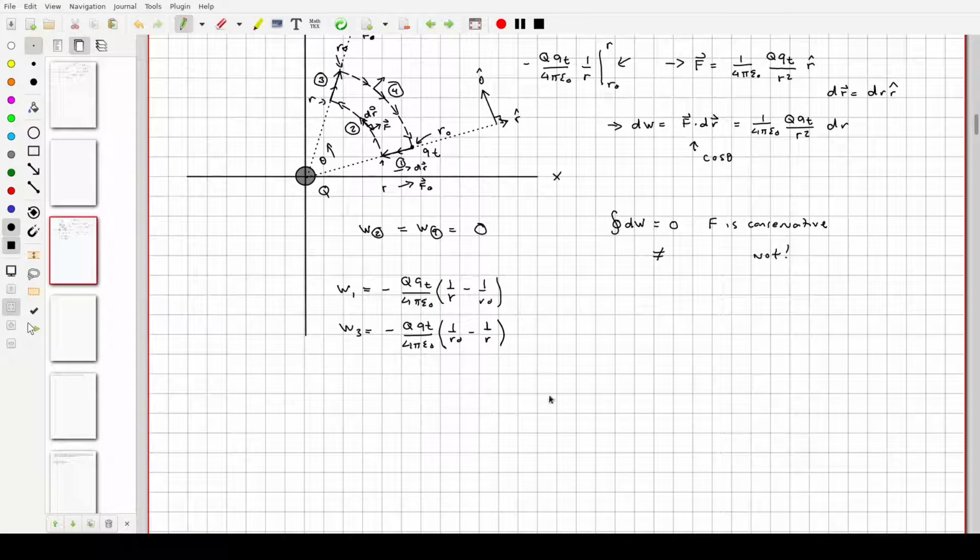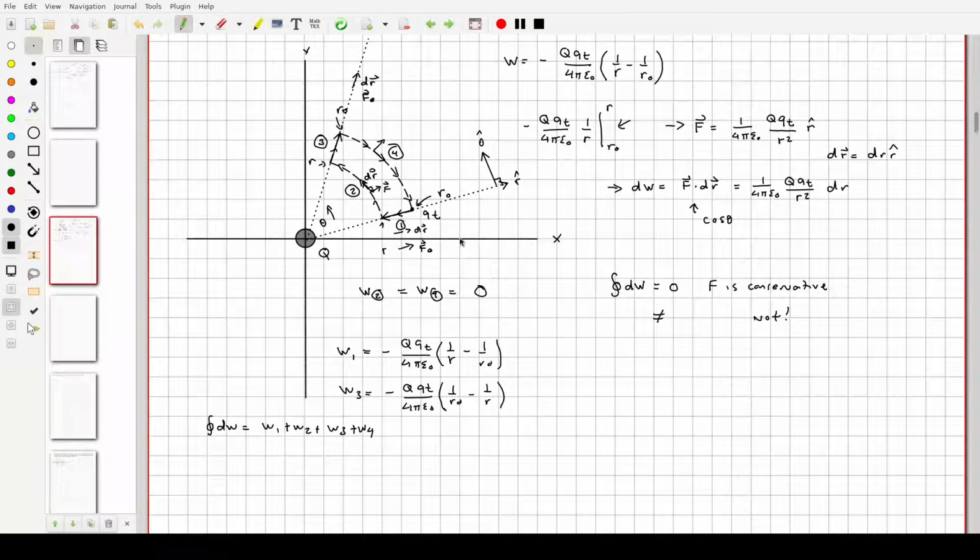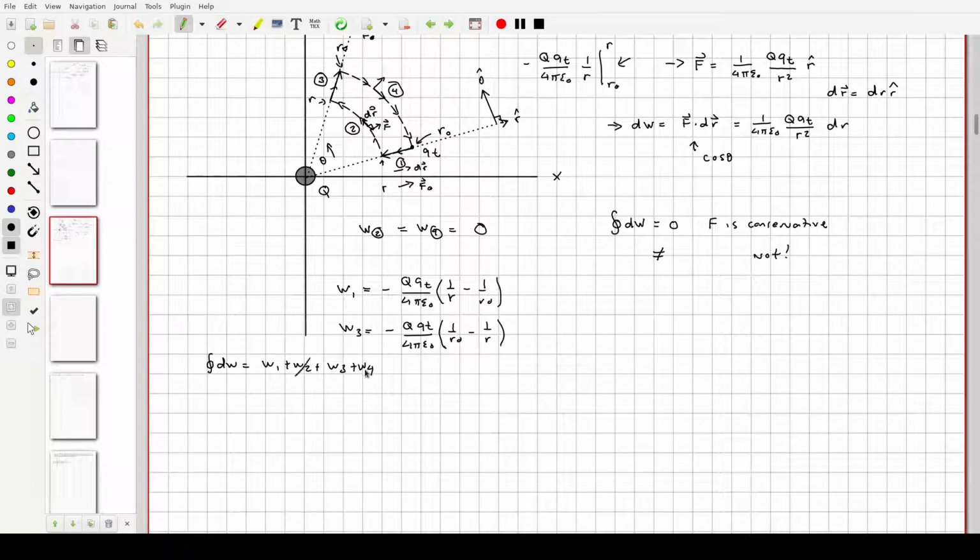So look what happens when I add up all my work to get my total work around this integral right here. The total work around that closed loop would be W1 plus W2 plus W3 plus W4, because those make up all the sides of this. But look, as I pointed out, 2 and 4 are both 0. That's 0, that's 0.